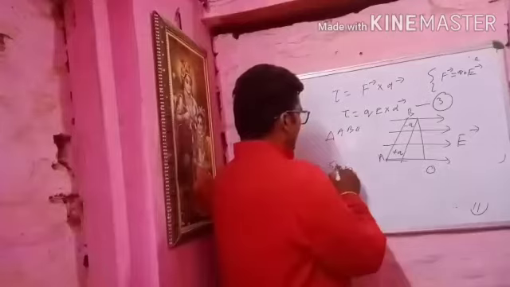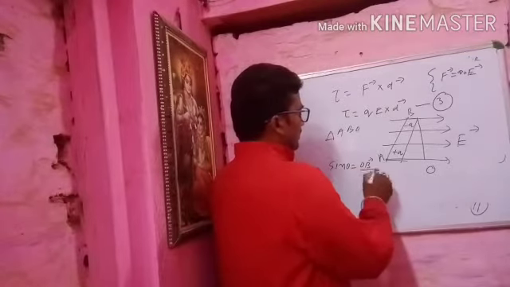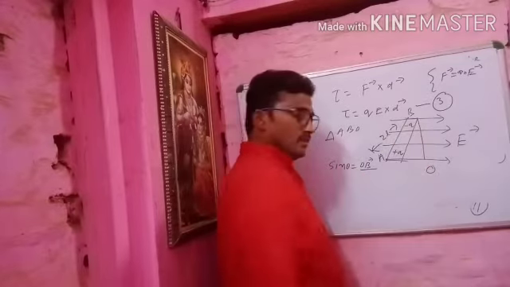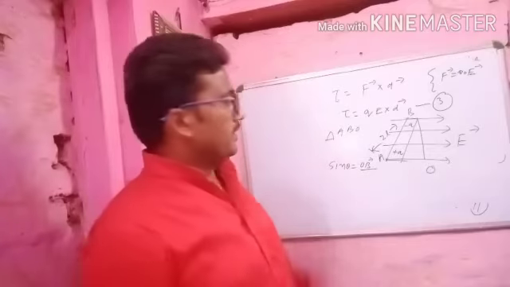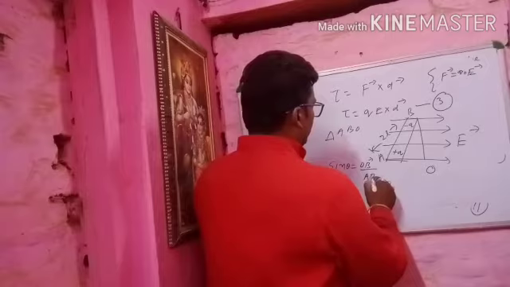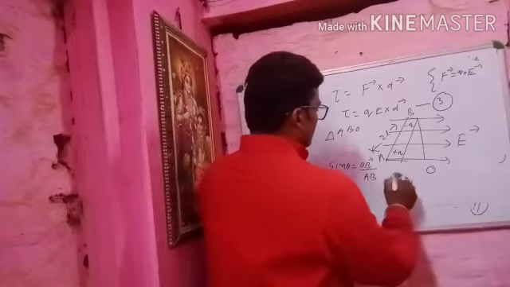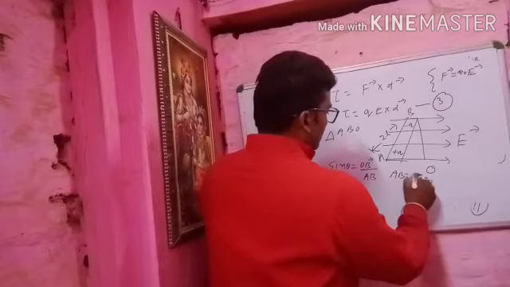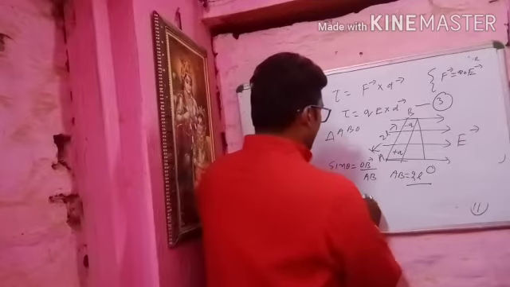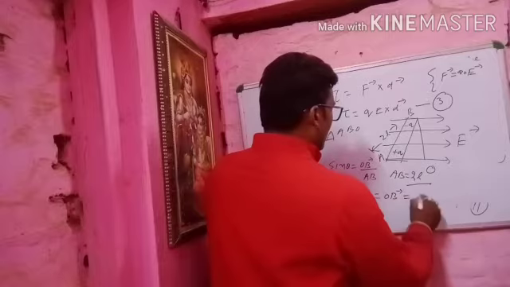Sin theta is equal to perpendicular upon hypotenuse. The hypotenuse is the separation distance, represented in the figure by the dipole moment. Now we put the value AB equal to 2L. So 2L sin theta is equal to OB, which is also the displacement.